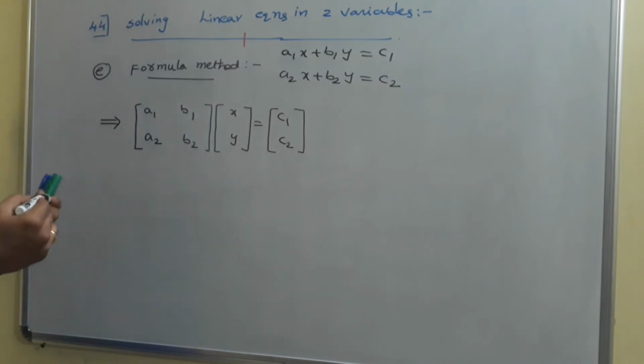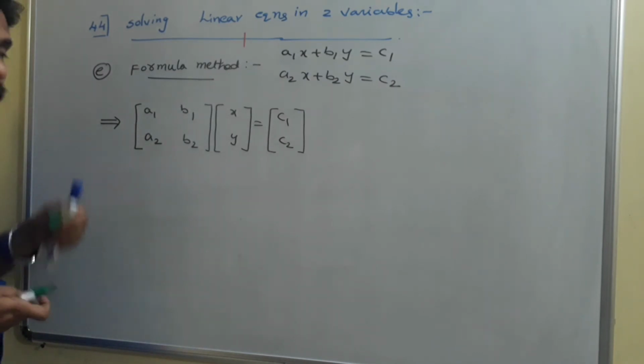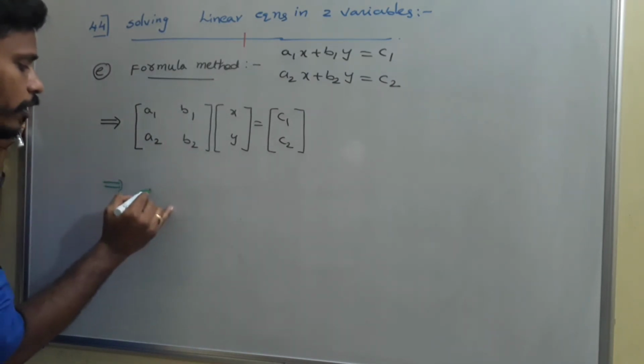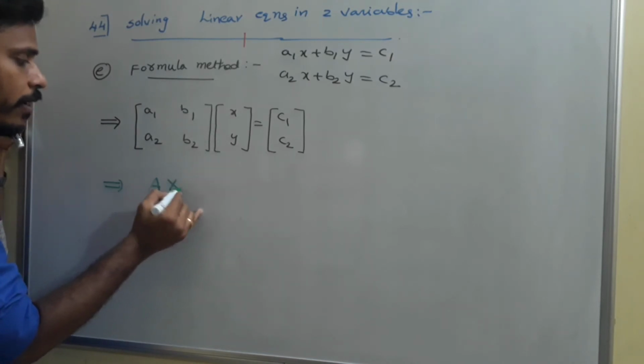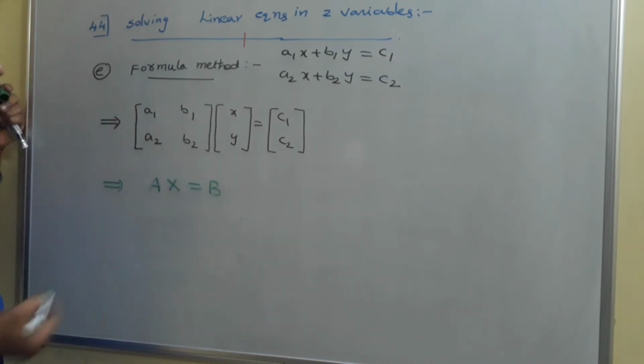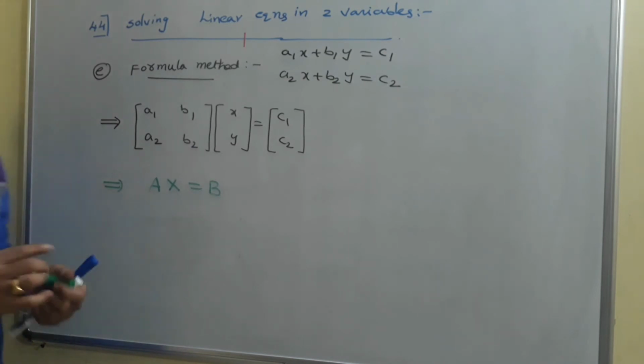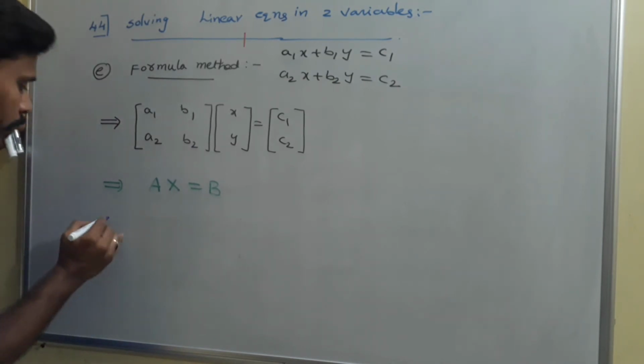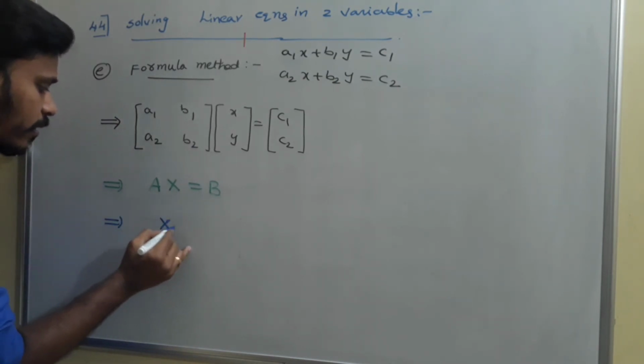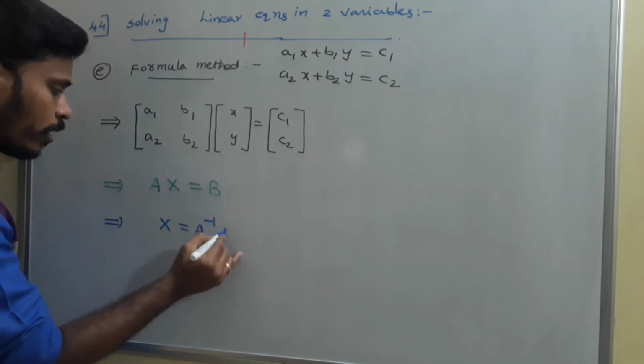Usually we will represent the coefficient matrix as A, variable matrix as X, and constant matrix as B. And since Ax is equals to B, in the next step directly we will write that x is equals to A inverse B.